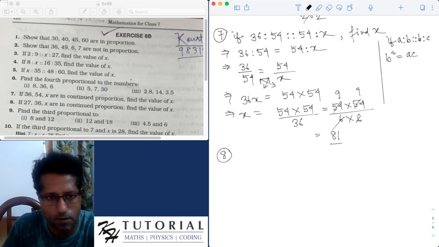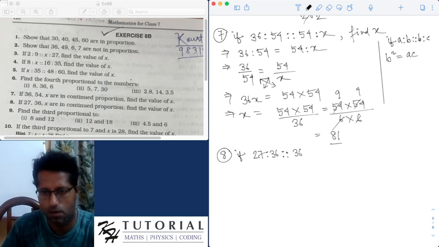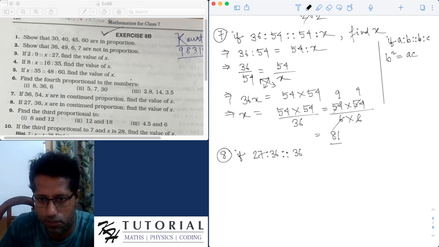Problem 8 is a similar problem. It is given that if 27, 36 and x are in continued proportion, find x. So it is given that 27 is to 36 is equal to the ratio 36 is to x.